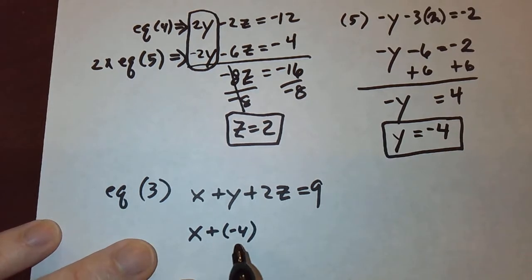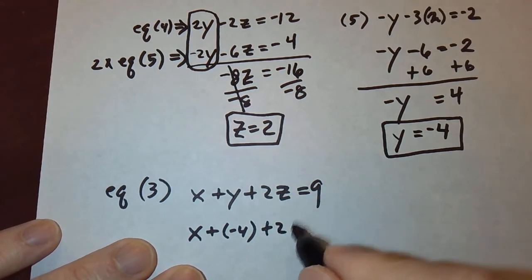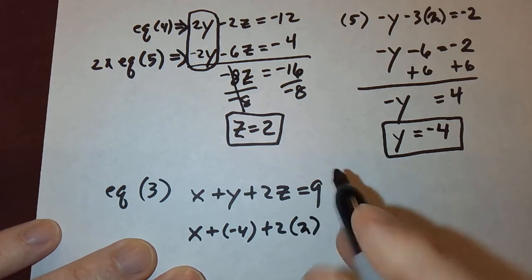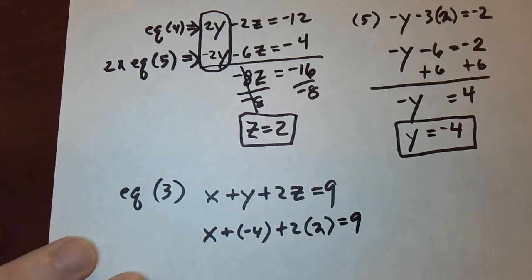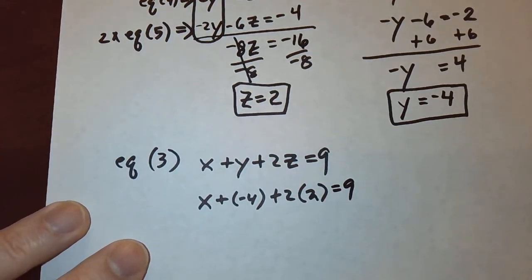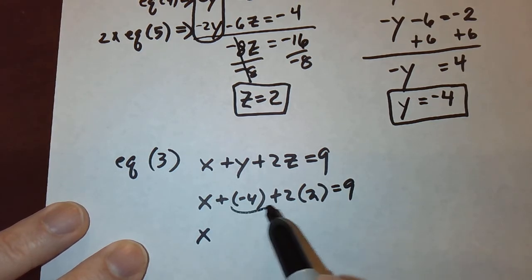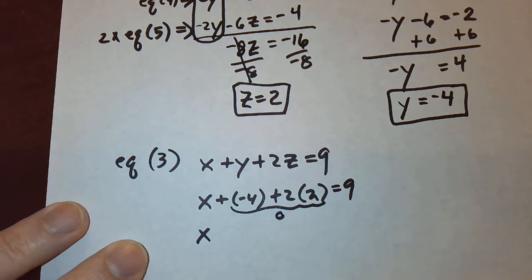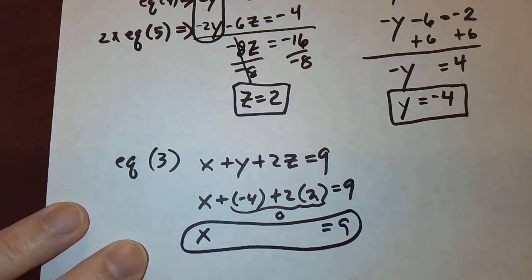So I could have written x minus 4 plus 2z, which would be 2 times 2, because z is equal to 2, equals 9. So this is the same as x, this is a negative 4 plus 4. Oh, this is 0 right here. So x equals 9. Didn't have to write them that far apart.